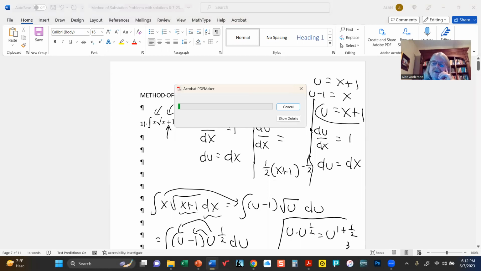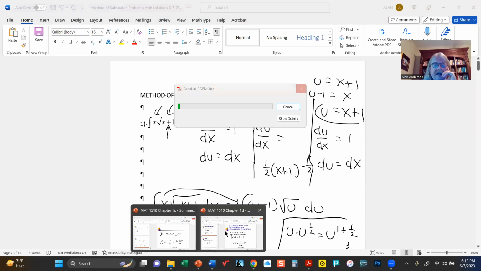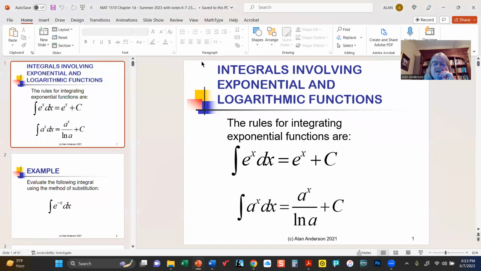Oh, one more thing too. If you notice, the handwriting is great as far as it goes, but it greatly increases the storage requirements. So this is actually a pretty large document right now. So we don't have to watch it. Let's go back and open up chapter 1D, where we're going to focus here on exponential and logarithmic functions.